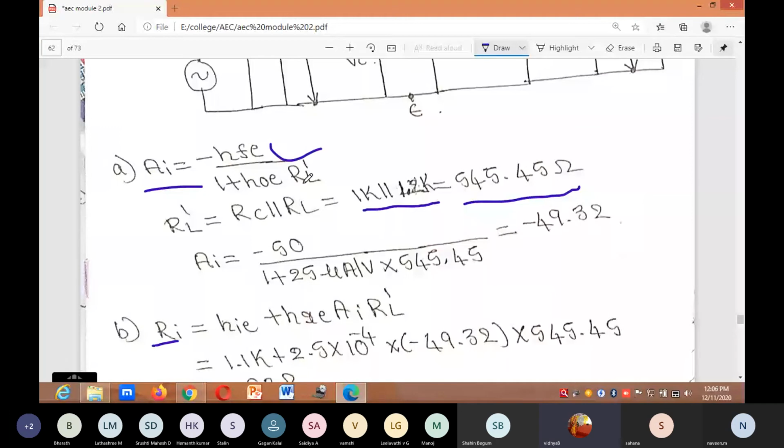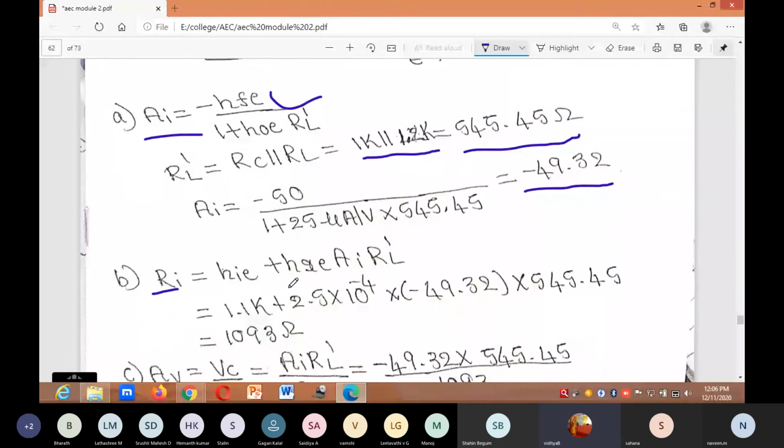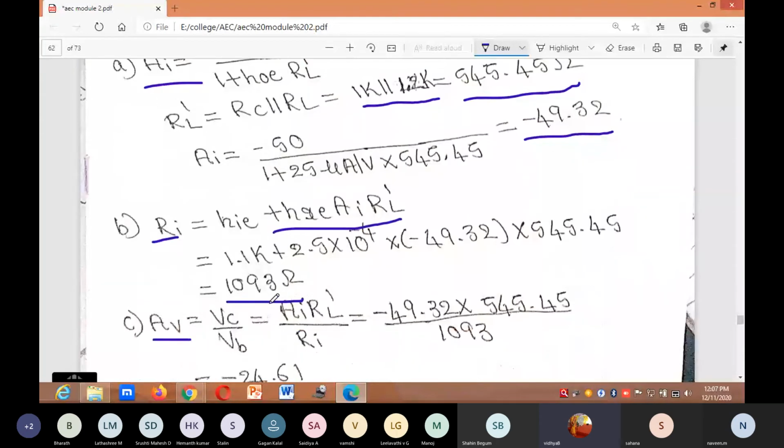So we know all the values, substitute, you will get minus 49.32. Okay. Next, RI is equal to HIE plus HRE into AI into RL dash. So you will get 1.1K plus 2.5 into 10 to the power of minus 4 into minus 49.32 into 545.45. We know all the values, so substitute, you will get 1093 ohm.